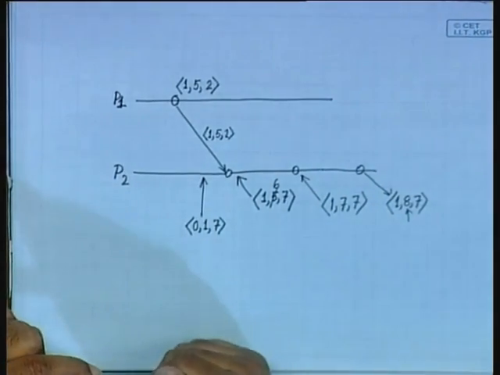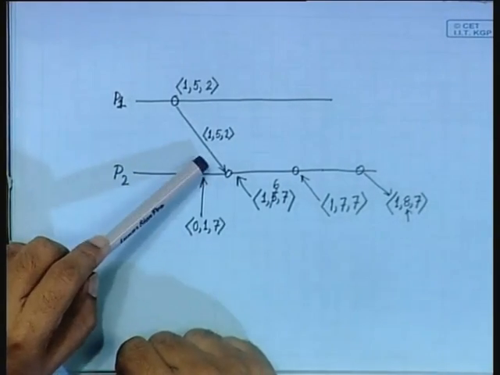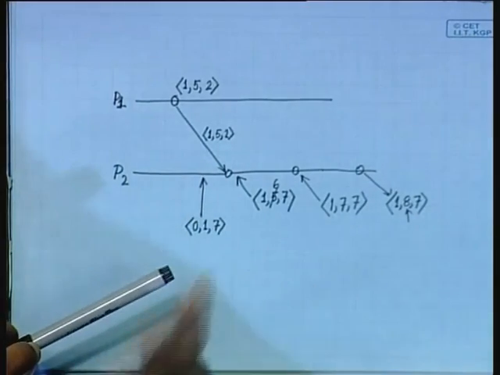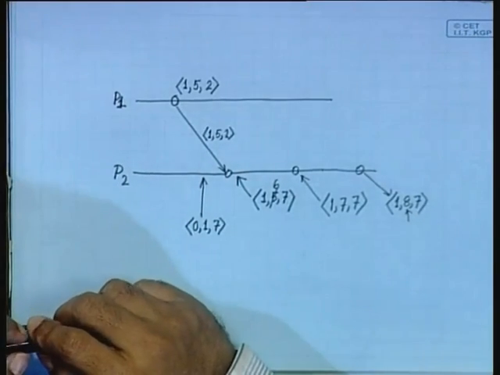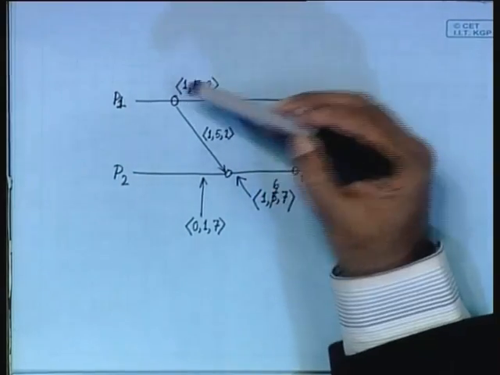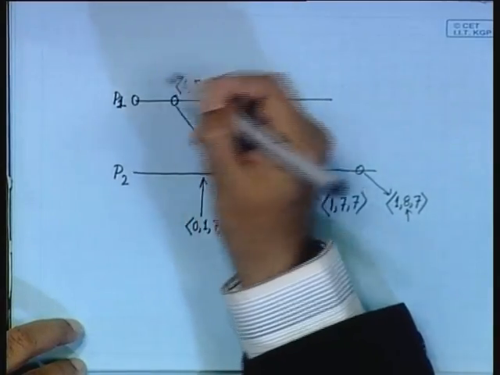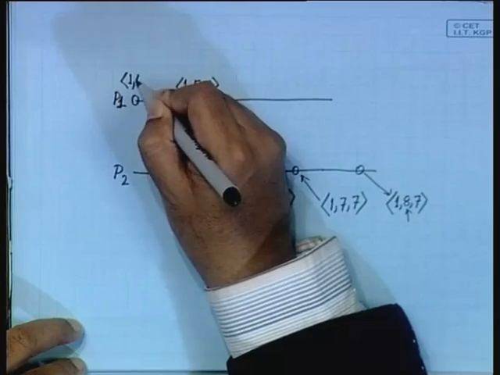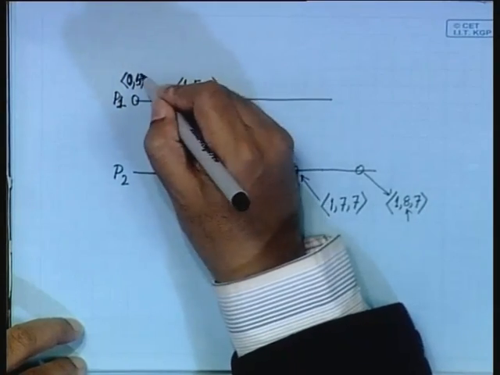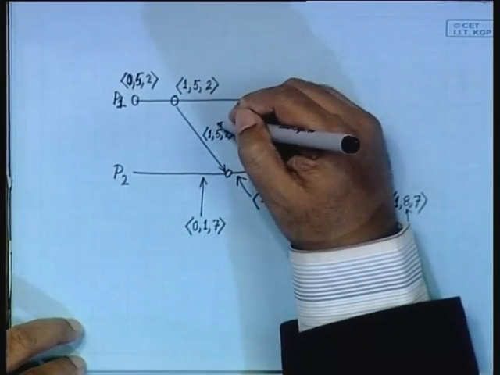So when P2 receives the message, it will become 157. No, that increment will not happen. It will not increment the other dimensions. See, this is an event. First of all, before this was 0, 5, 2. Then it incremented this, sent it, and with the timestamp here.